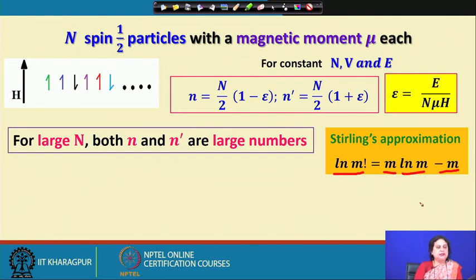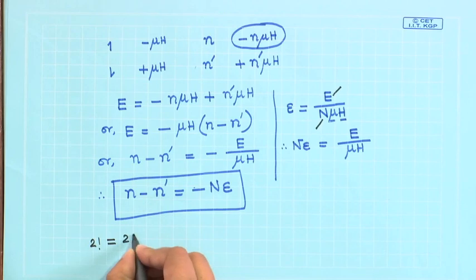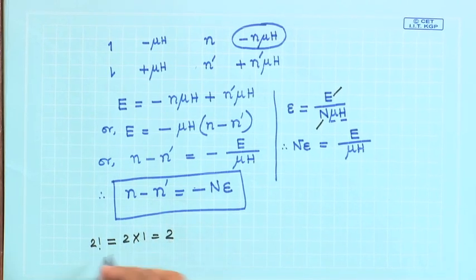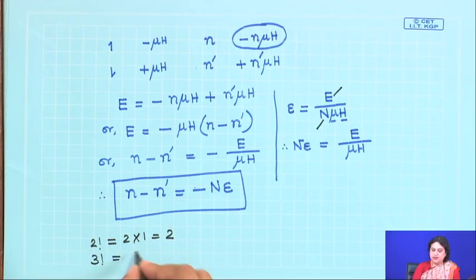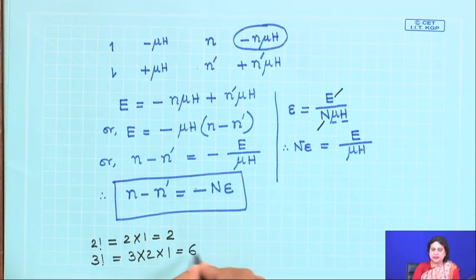As you see, if you use your calculator and try to calculate the factorial of a number, this number becomes increasingly large. So, if I want to find out what is factorial 2, factorial 2 is 2 into 1, that is equal to 2, factorial 3, that is equal to 3 into 2 into 1, that is equal to 6.